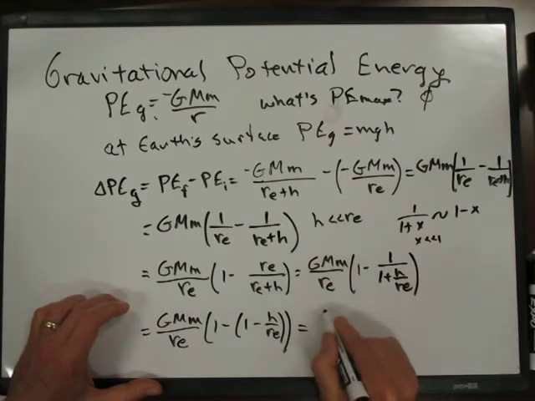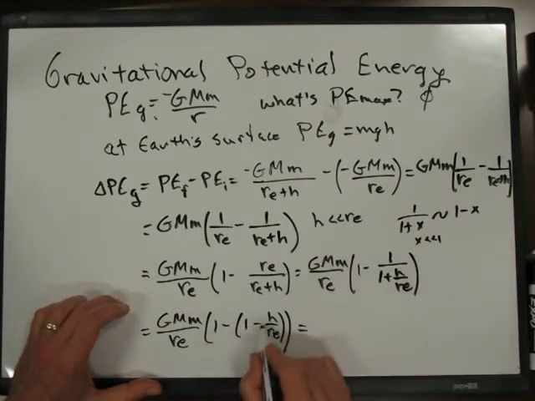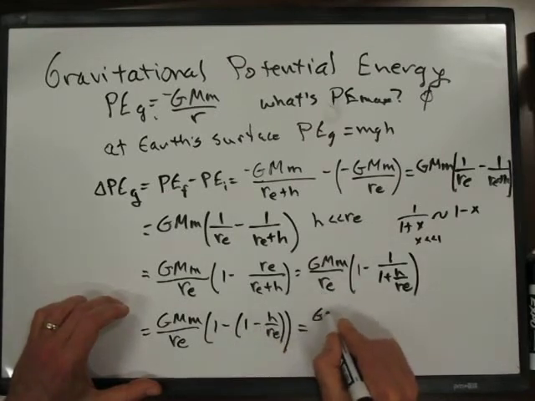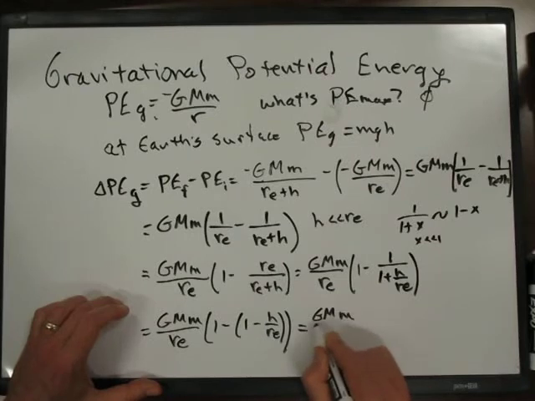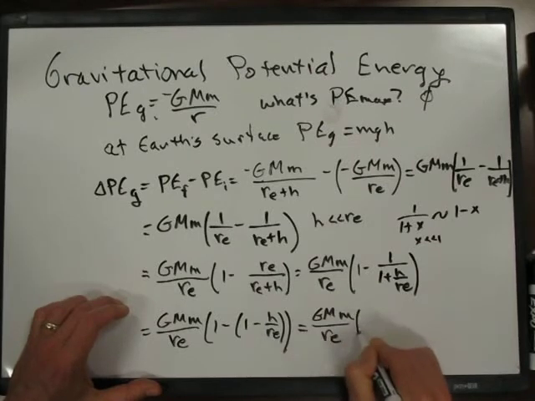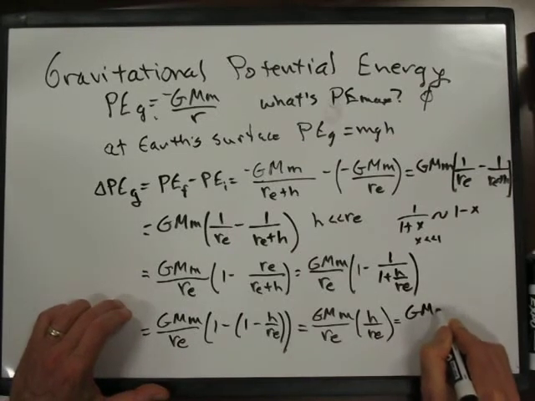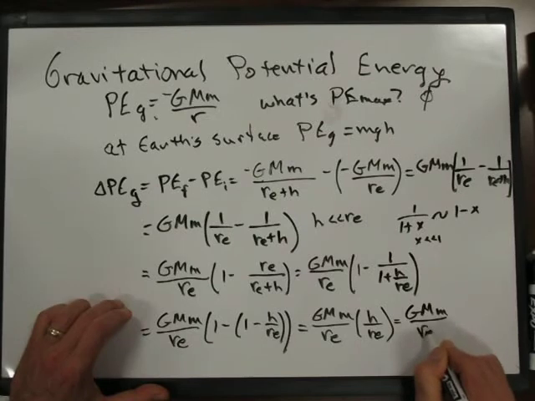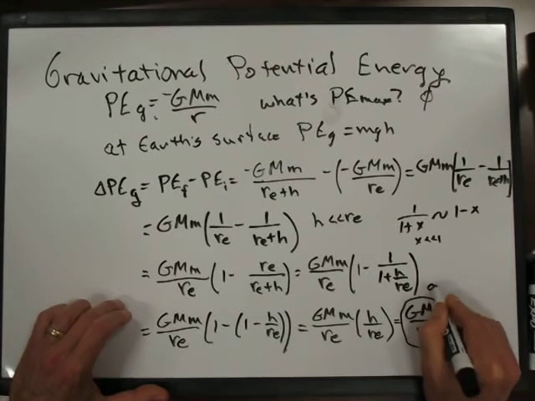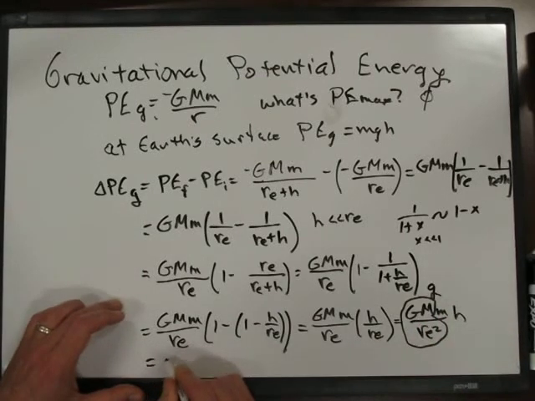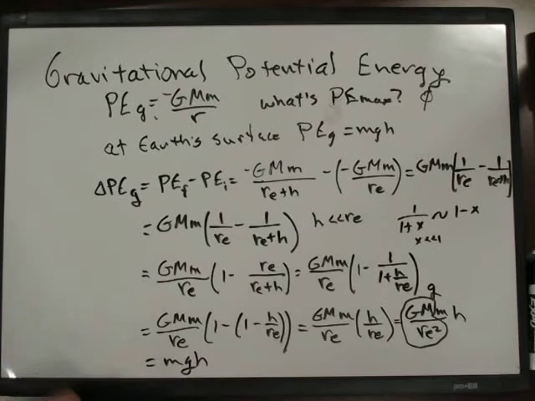That gives me the 1's go away, and the minus sign makes that a plus, and that gives me G, mass of the Earth, mass of the object, over RE times H over RE, which is G, mass of the Earth, mass of the object, over RE squared times H. This piece right here, we've already said is just g, and so that's just mgh, which is what we expected to get.